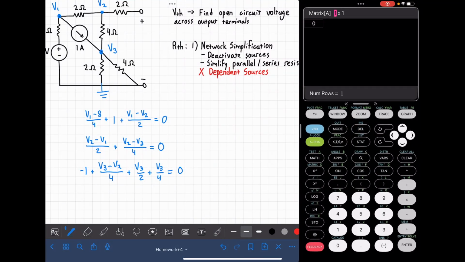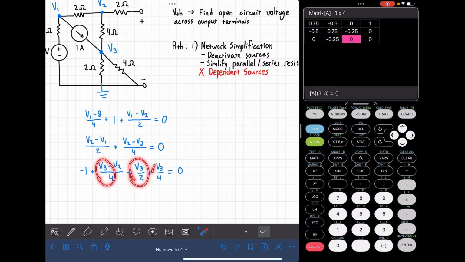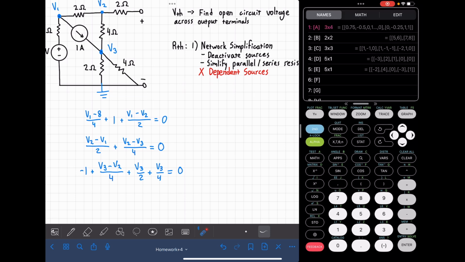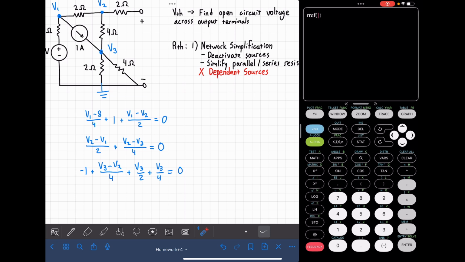Let's go ahead and solve the system. We have 3 equations, 4 values. I'll go ahead and input all these, and we're going to put that in row reduced form to get our final answers.